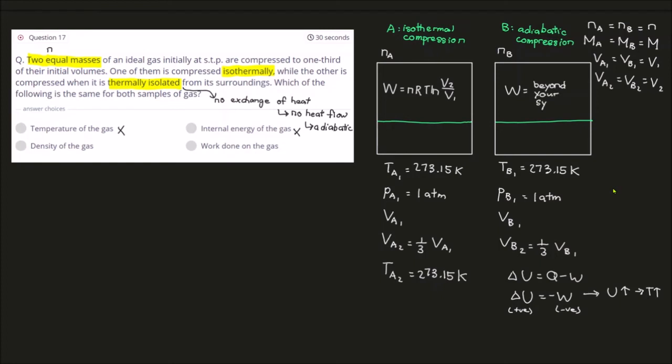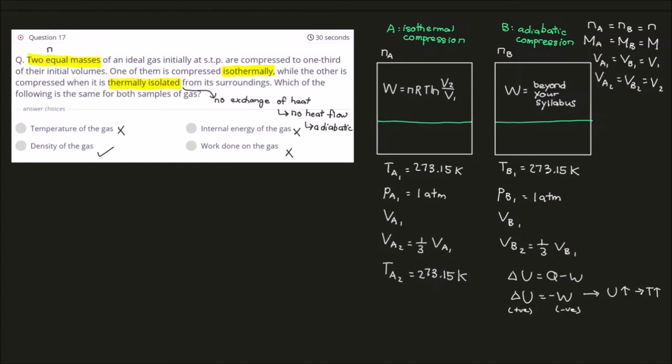So if it's beyond the syllabus, it's definitely not something you learn in your syllabus, so the formula to calculate work done should not be the same. So you can briefly assume that the work done calculated should be different as well. Since they are different, this will not be our answer.